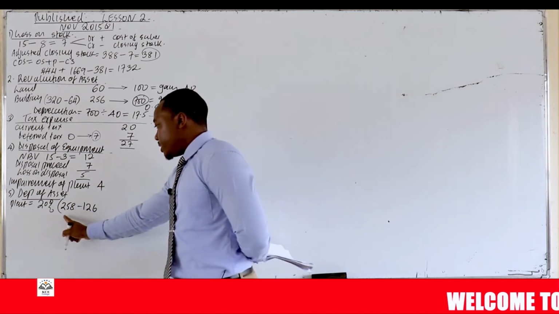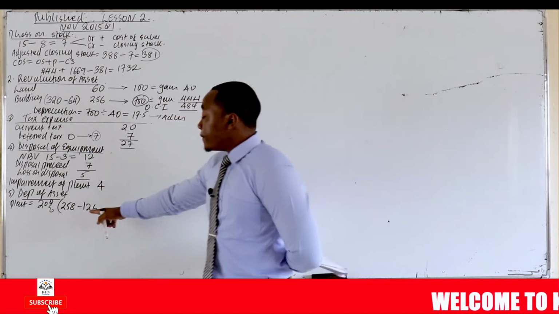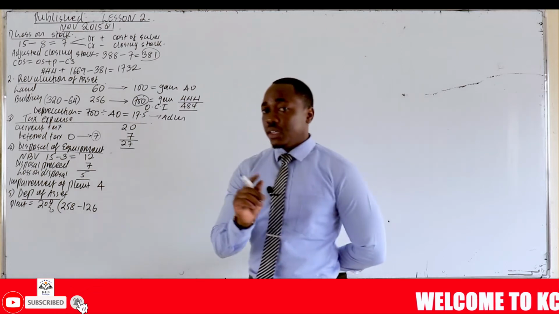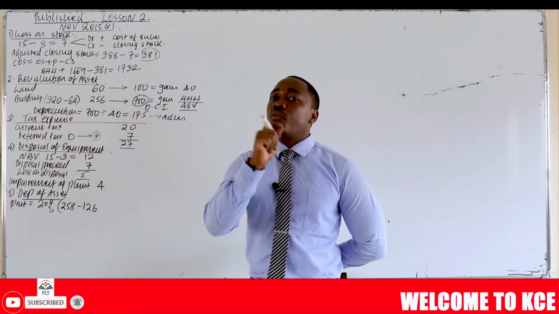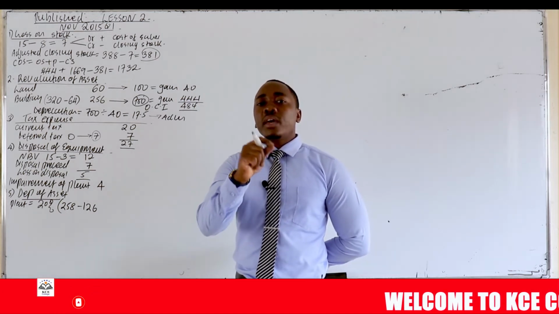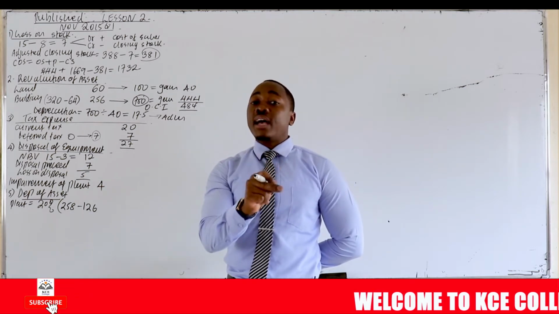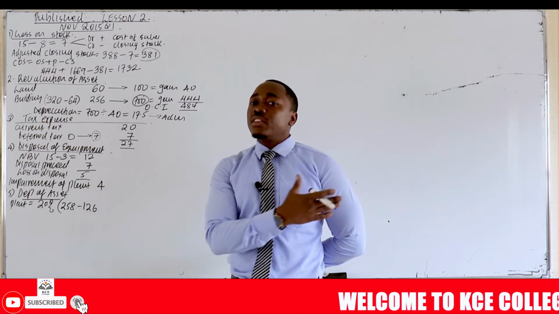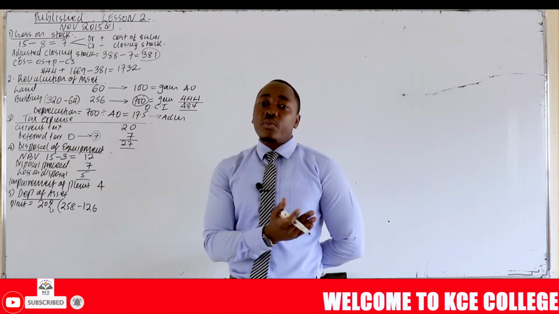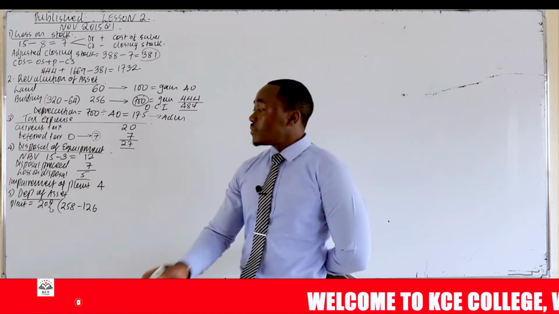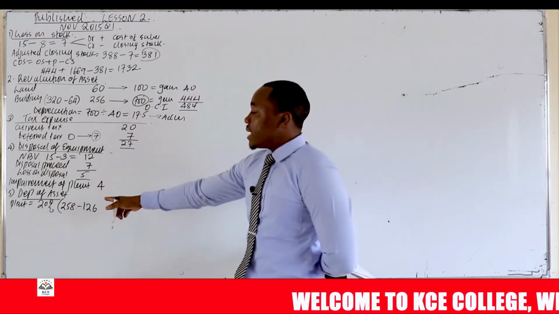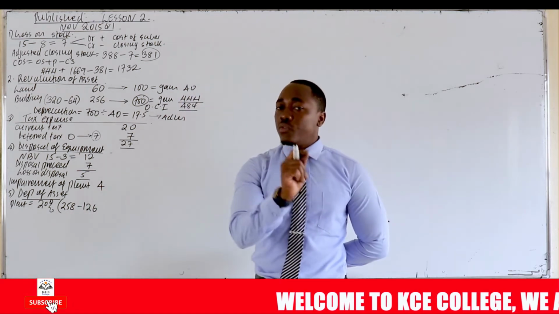So I've taken 258, which is the cost, minus depreciation of 126, so that we get the net book value. Once you get the net book value, you eliminate the net book value of the asset that was disposed. Because we have disposed, so we don't provide depreciation for the disposed asset. You take the cost minus depreciation to get the net book value.